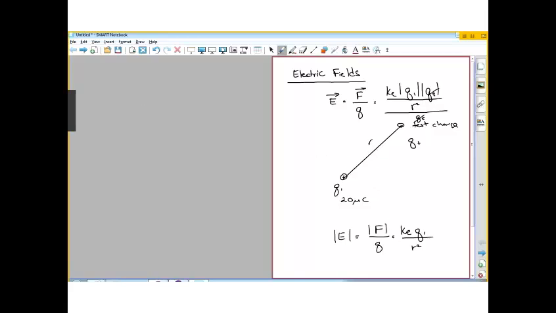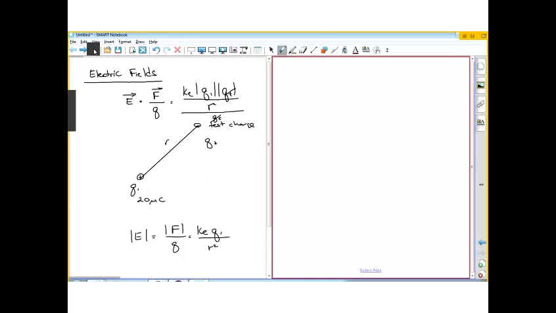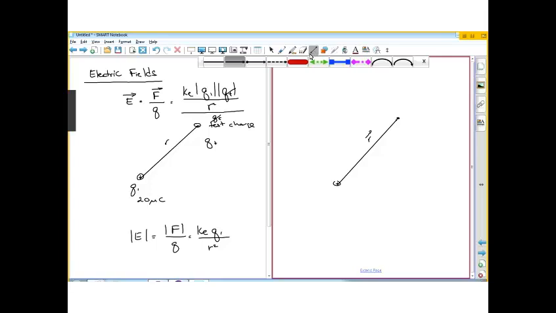And as a consequence, because it's positive, the electric field at this point in space, which is a distance R from the charge, so that's the R vector. It's an R vector from the charge to the position we're trying to figure out the electric field at.